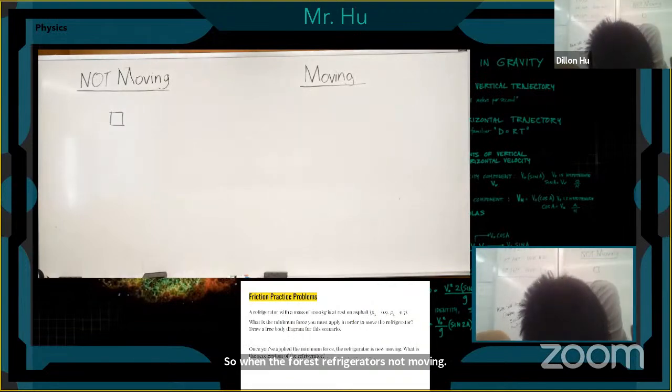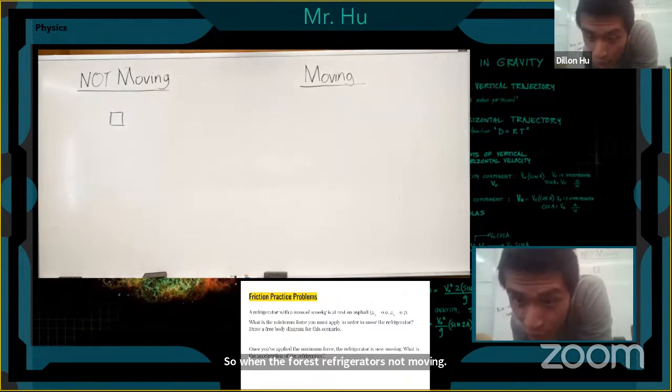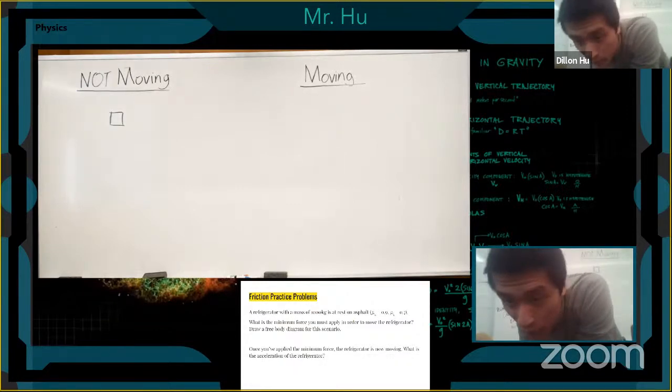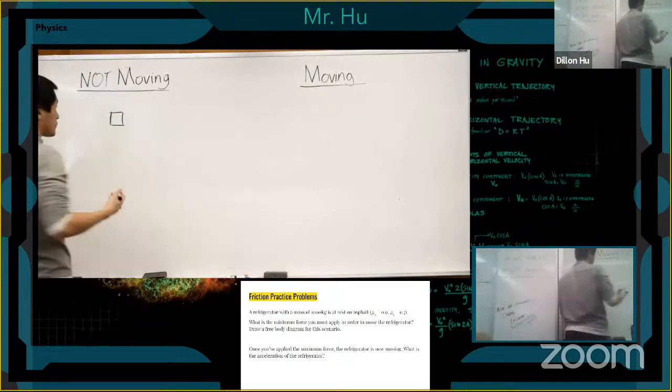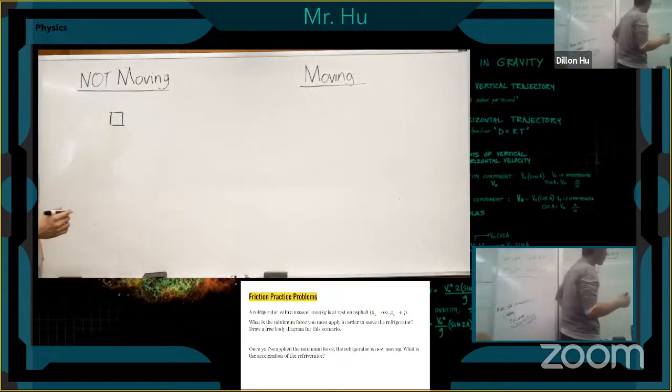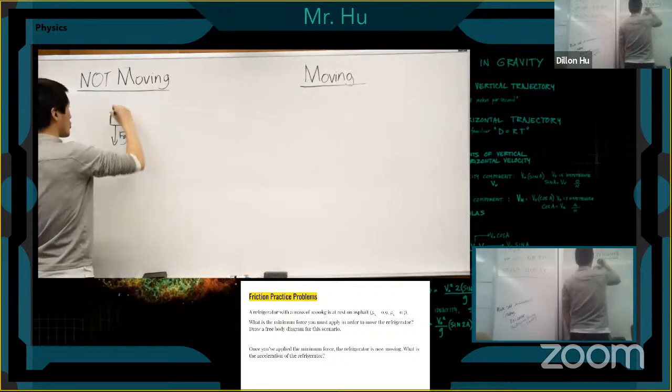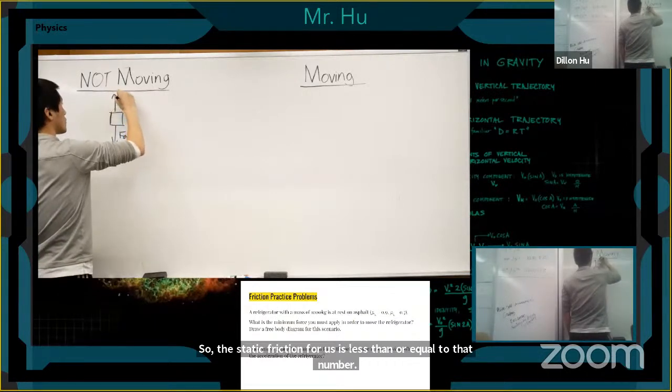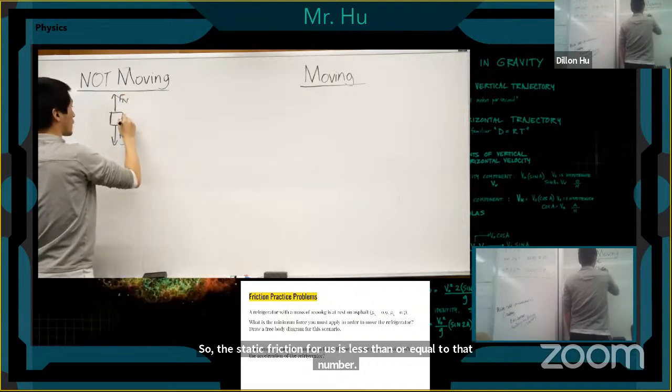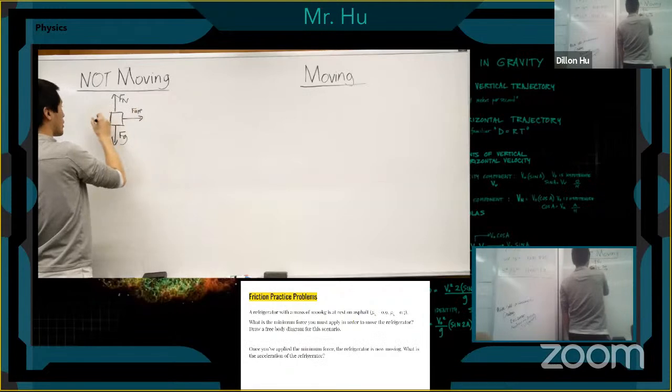The static friction force is less than or equal to that number. Our free body diagram here has our force of gravity going down, the normal force going up, and we have our applied force and our static friction force.